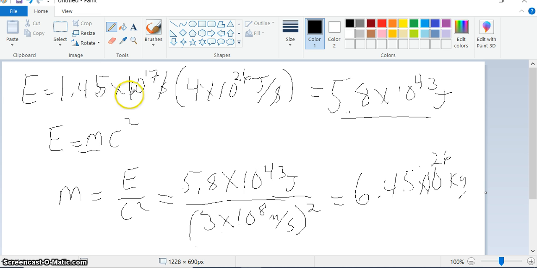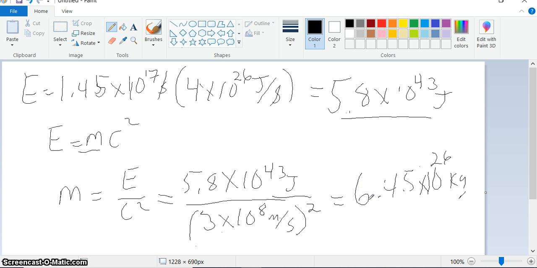That's the amount of time in seconds, 1.45 times 10 to the 17th. This is the luminosity of the sun, the amount of energy per second. So this is the total amount of energy in the last 4.6 billion years. And then of course we divide by the speed of light squared, because E equals mc squared. The speed of light has to be in meters per second.